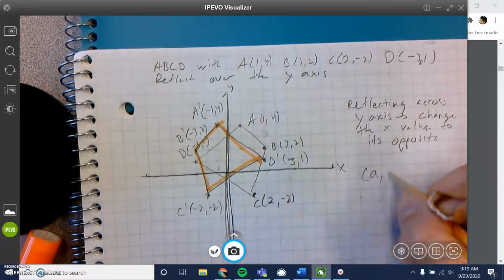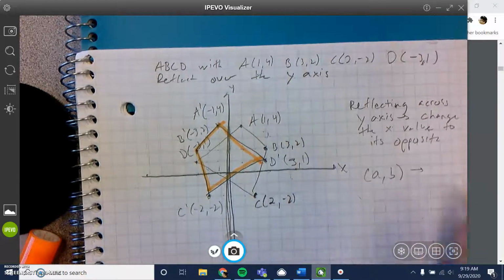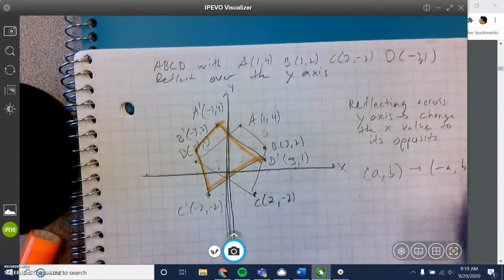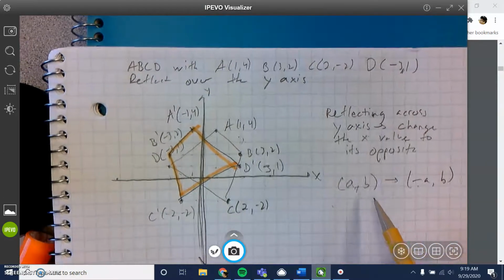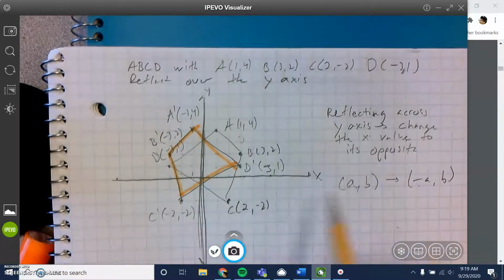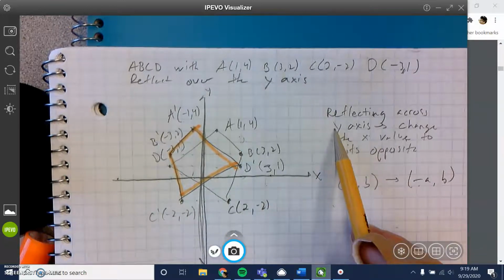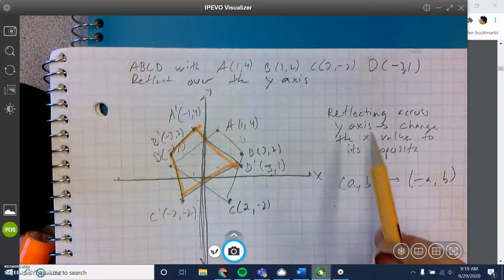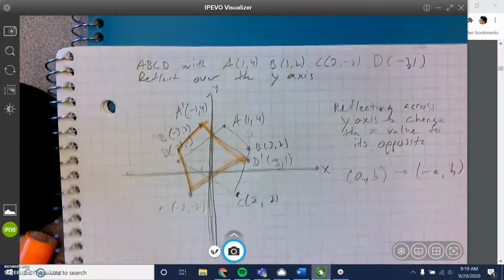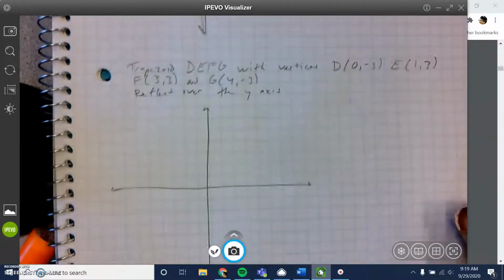So it looks like this. A, B goes from negative A to B. So I'm changing the sign of the x. So reflecting across the y-axis, the x coordinate changes, and before, reflecting across the x-axis, the y coordinate changes. Cool, try this one now.